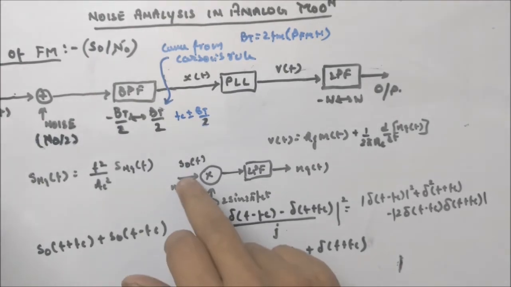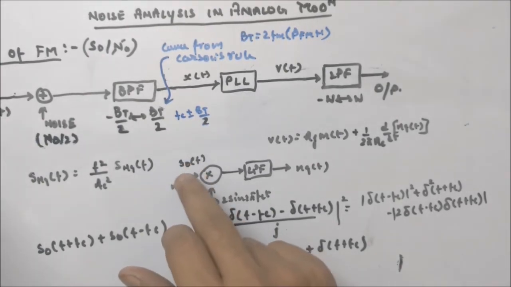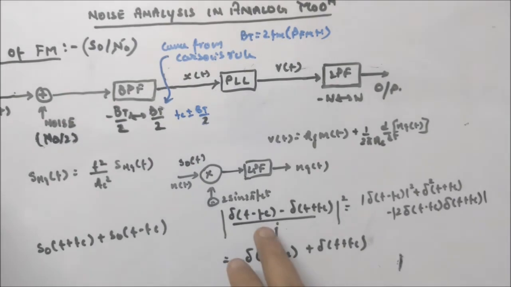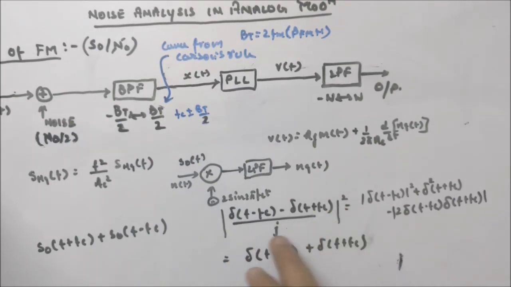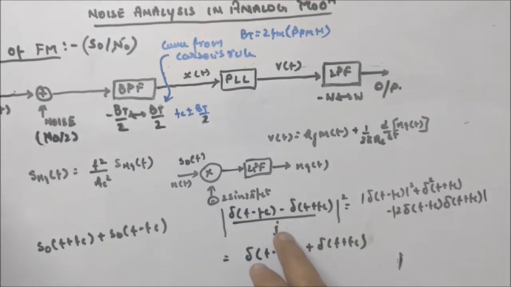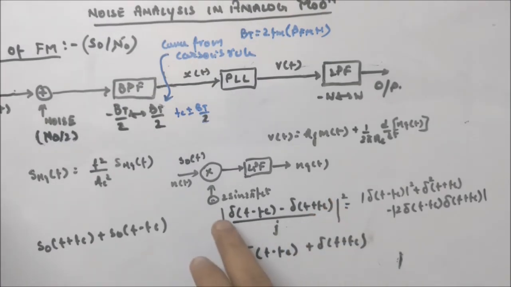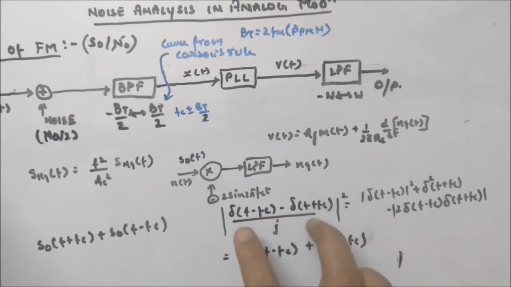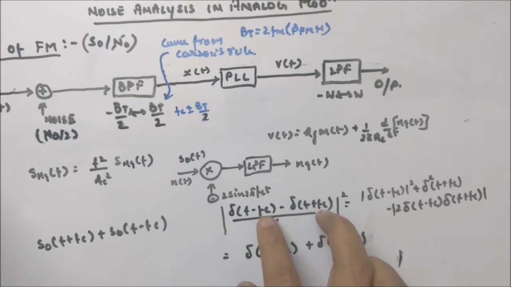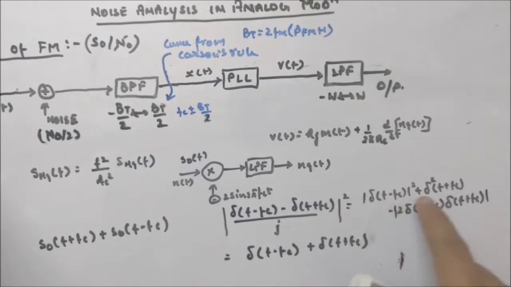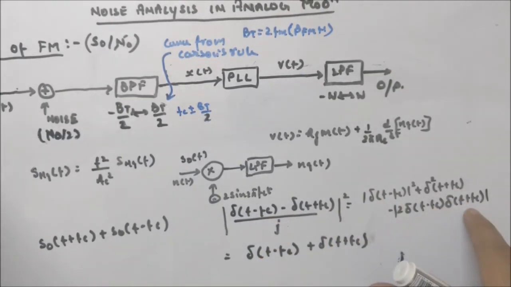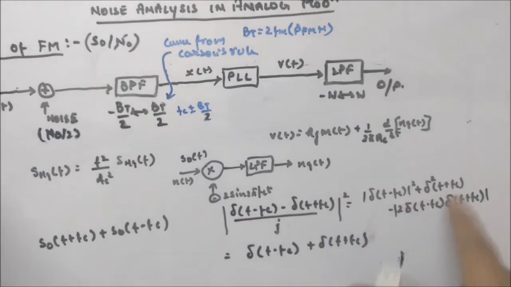If you take the mod, j will be removed, and we will only take the mod of these two terms and square. We can apply a minus b whole square, so a square plus b square minus 2ab.